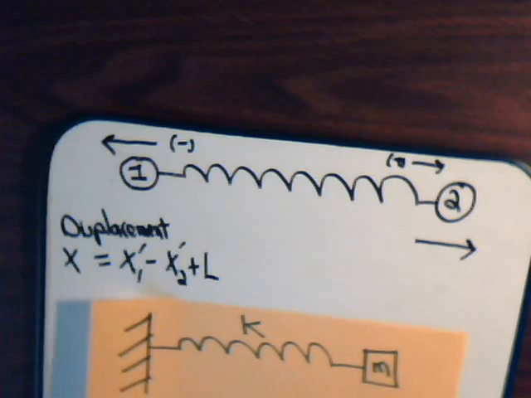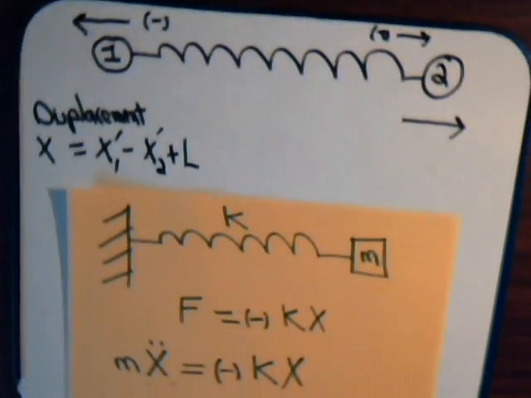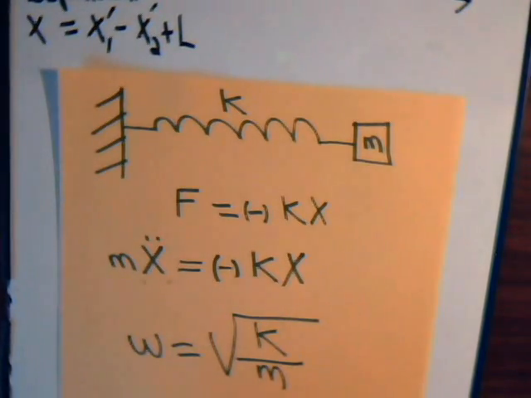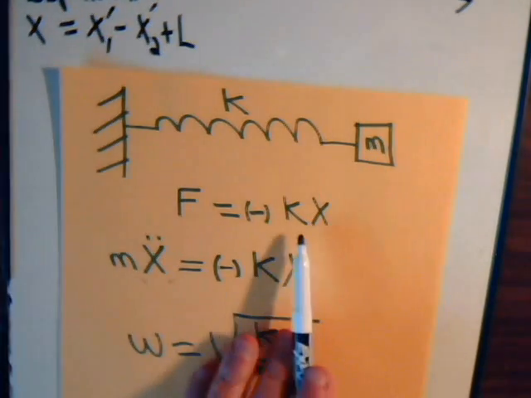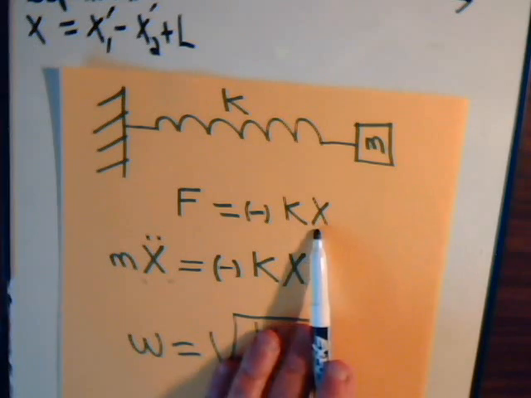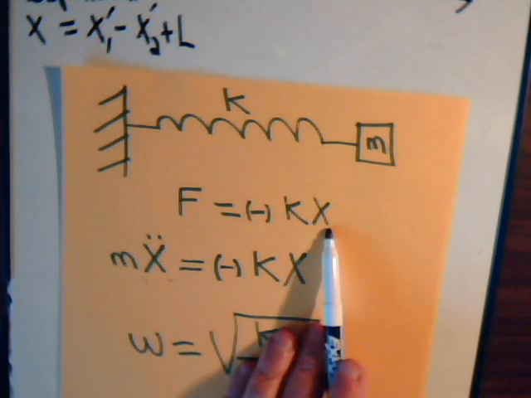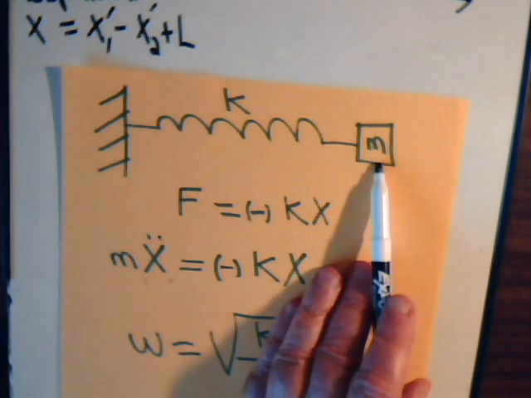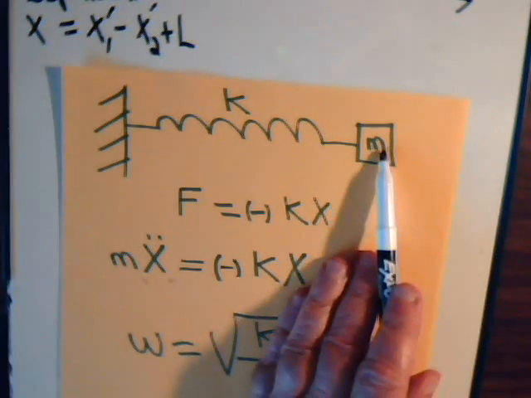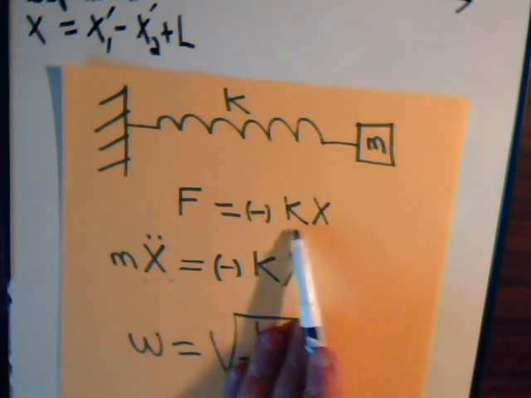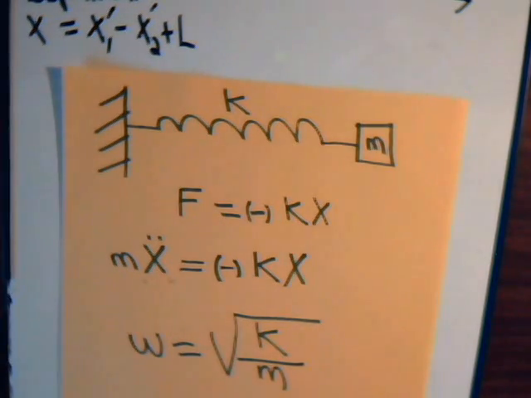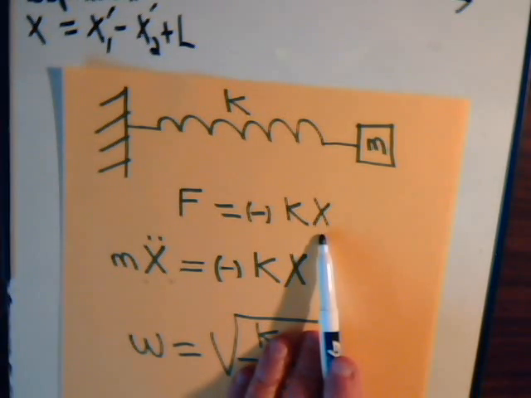Well, back when we first started analyzing harmonic motion with just a single spring, the force exerted on this is the spring constant times the amount of displacement of the spring, how much it's stretched or compressed. And force, of course, is mass times acceleration. So the mass of this block times its acceleration equals this. And what is the acceleration? Well, the displacement is x.